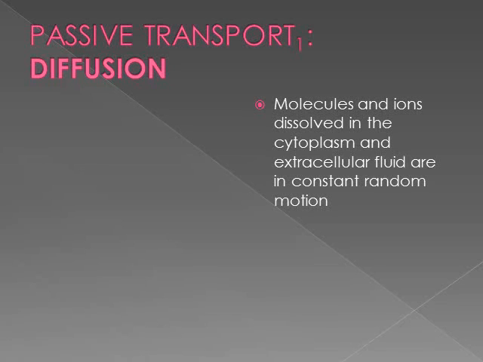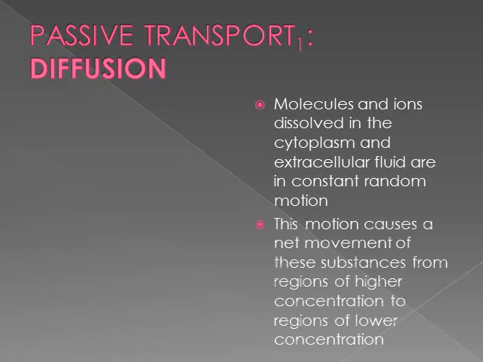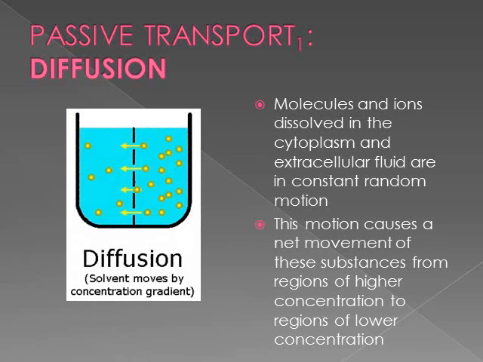So diffusion is what we call the process where molecules, ions, etc., that are dissolved in the extracellular fluid or in the cytoplasm of the cell are going to be moving into the cell, out of the cell, and so on. This motion is related to the concentration of these materials and is sort of an ongoing thing.